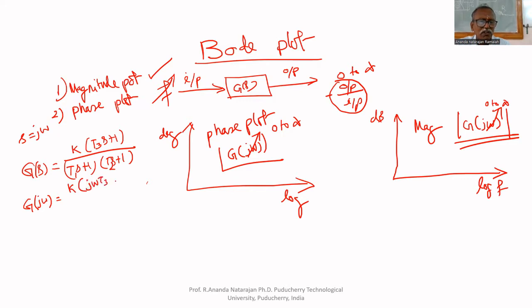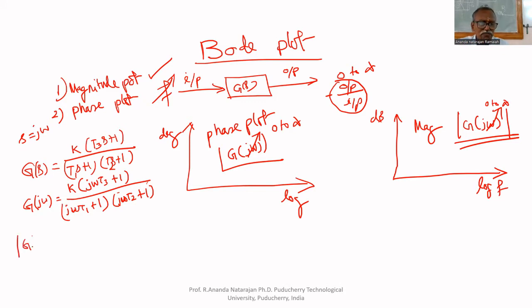You will get j omega tau 3 plus 1 upon j omega tau 1 plus 1 times j omega tau 2 plus 1. This we will get by replacing S by j omega. You will get the frequency transfer function. For that, what is magnitude?